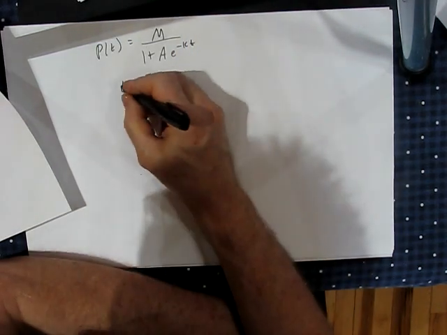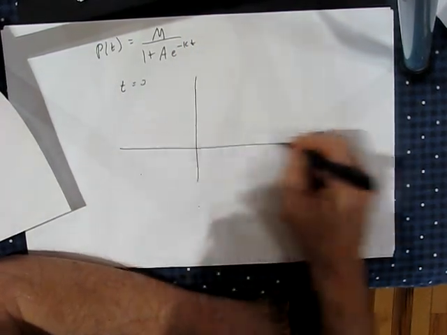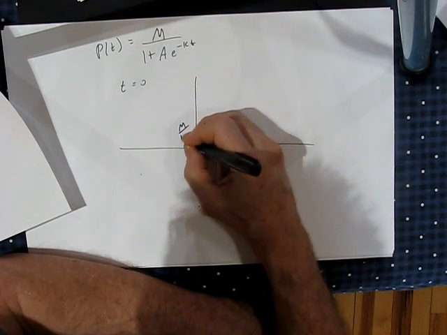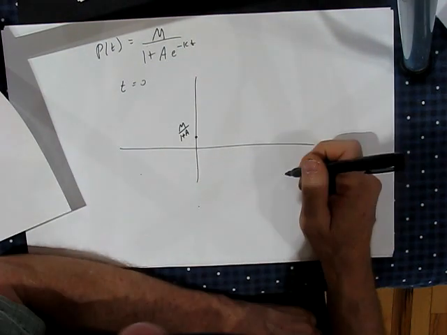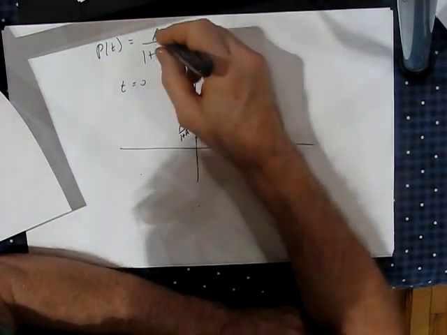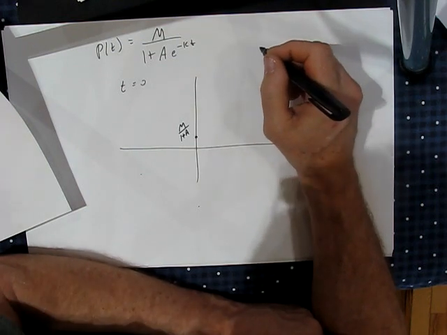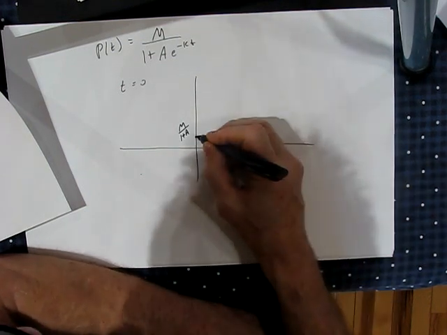First off, we're going to put in t equals 0, and we're going to observe that e to the 0 is 1, so we're going to get a value of m over 1 plus a. So that's the initial population. Now, we also know that the derivative of this when the population is very small, it's going to grow exponentially.